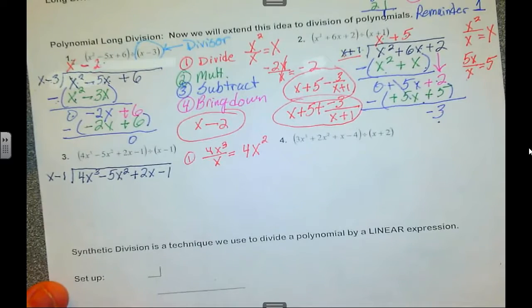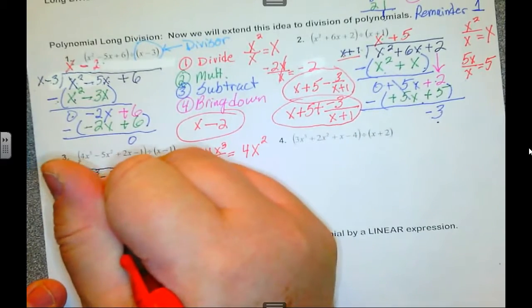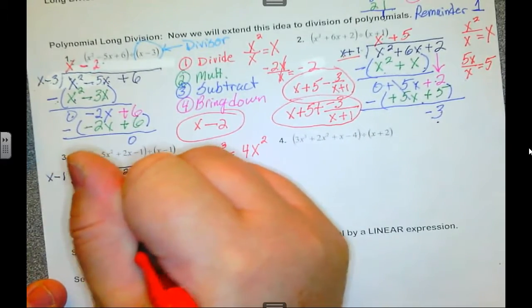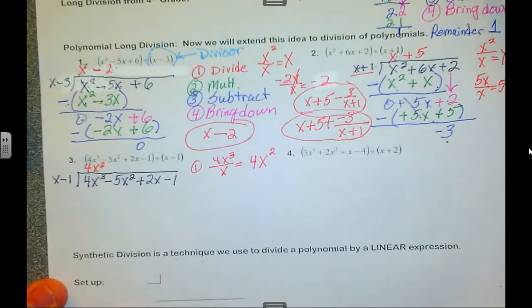Good? You put this 4x squared right above here. Well, then you go to your next step because we divided.